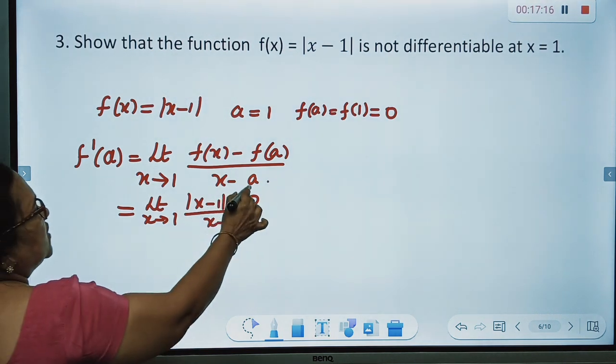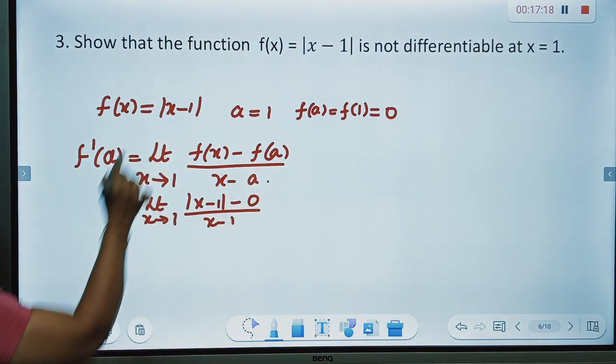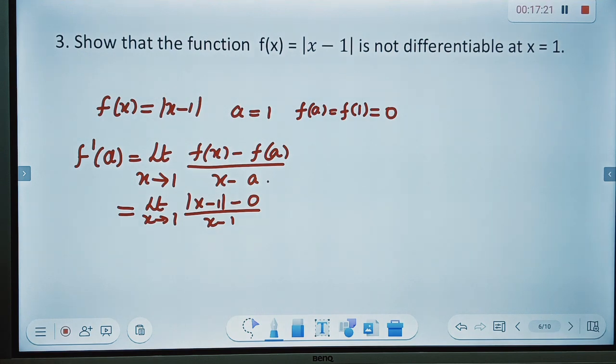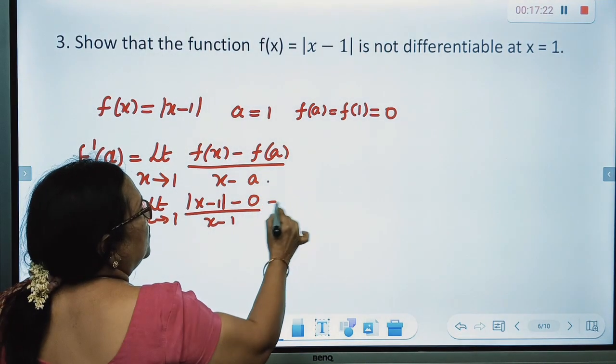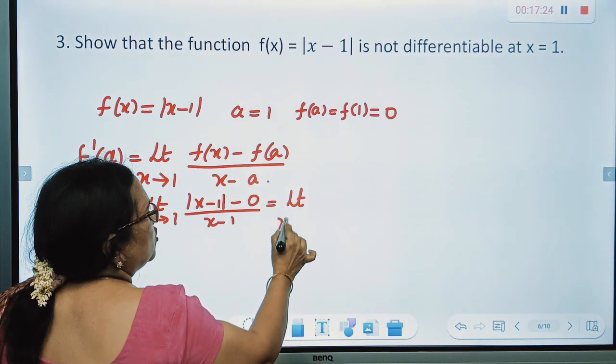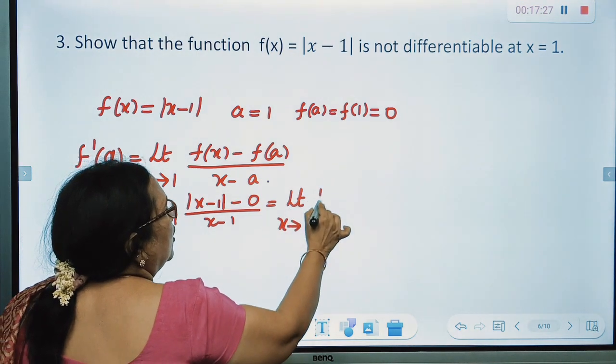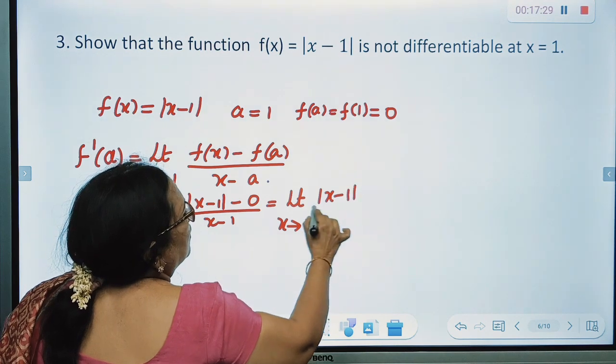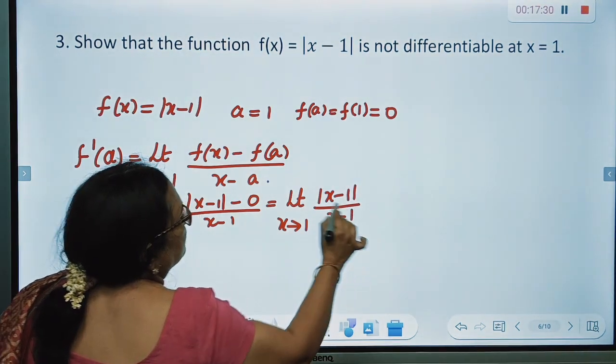Okay, a is 1 and f of x is modulus of x minus 1. So this is limit x goes to 1 modulus of x minus 1 by x minus 1.